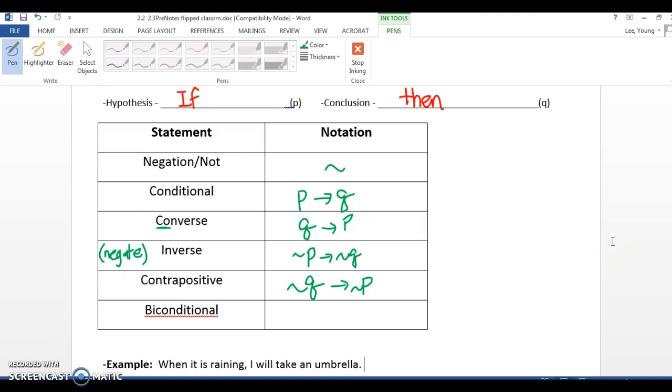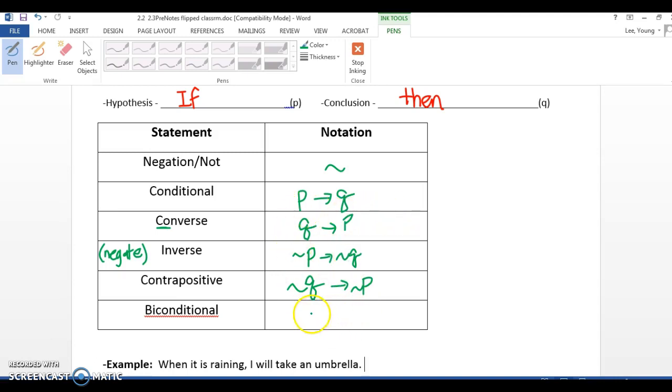Then what is a biconditional statement? A biconditional statement includes the conditional and the converse. So, the conditional statement is P then Q, and the converse of that is Q then P. If we include both statements, we call that a biconditional statement.